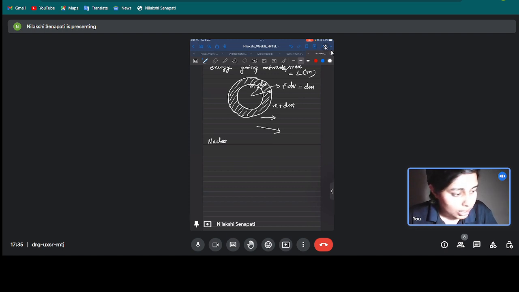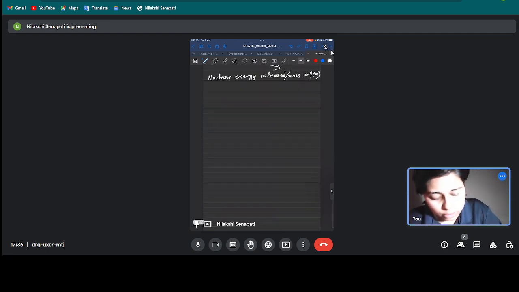nuclear energy released per unit mass. Let us denote it with q as a function of m.